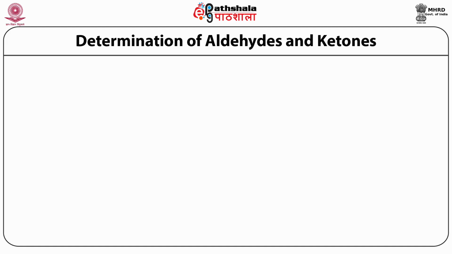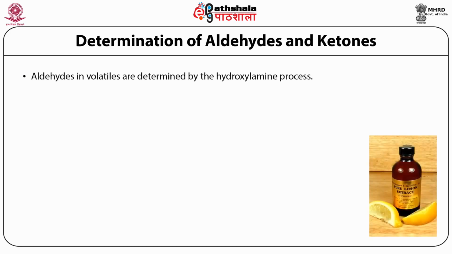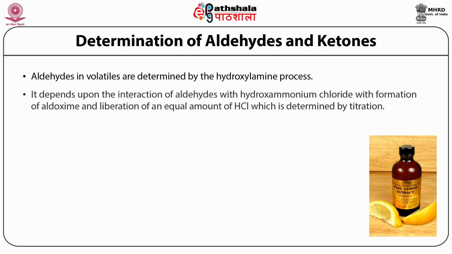Now let's go for the determination of aldehydes and ketones in volatile oils. First, aldehydes in volatile oils are determined by the hydroxylamine process. It depends upon the interaction of aldehydes with hydroxylammonium chloride with the formation of aldoxime and liberation of an equal amount of HCl, which is determined by titration as per the equation given below.